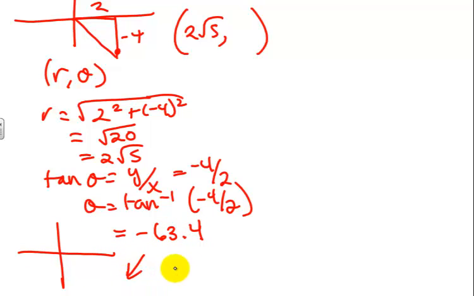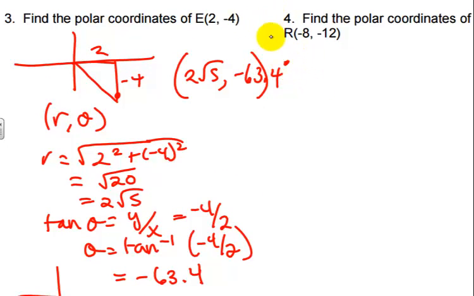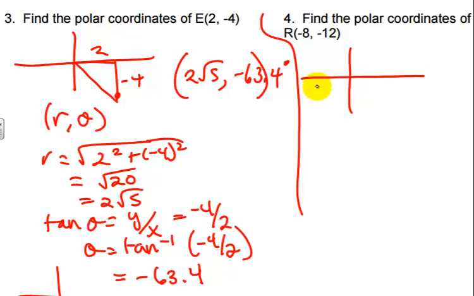So -63.4 means that we're rotating clockwise. -63.4, and that's degrees. For the next one, we have -8, -12.